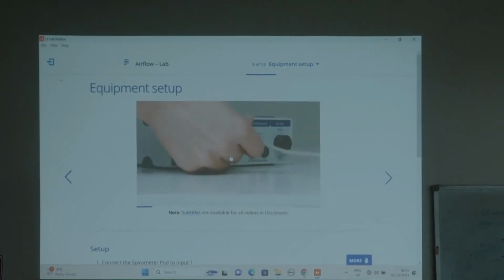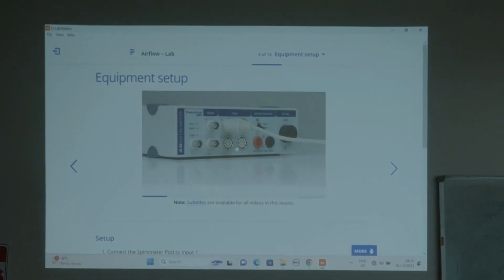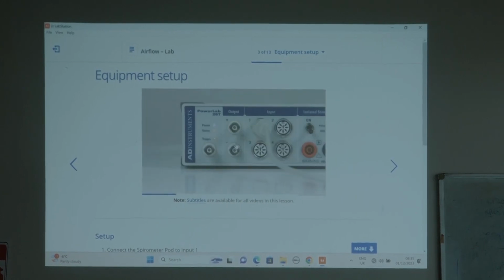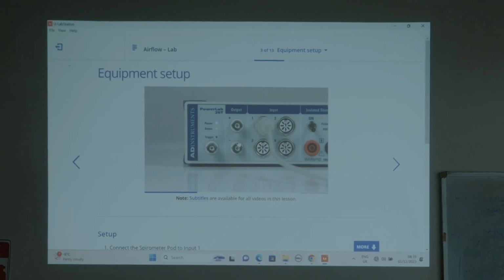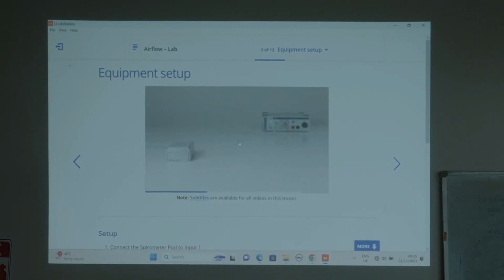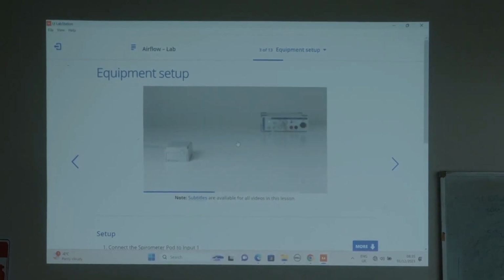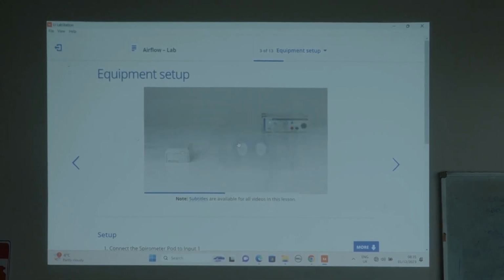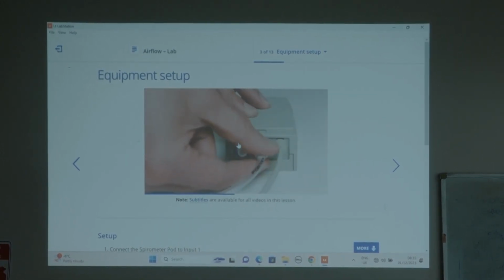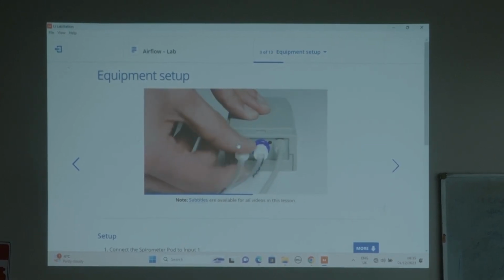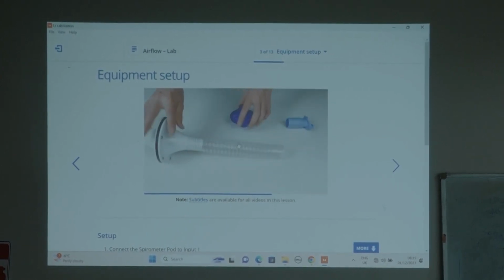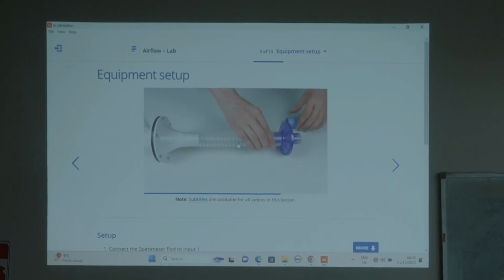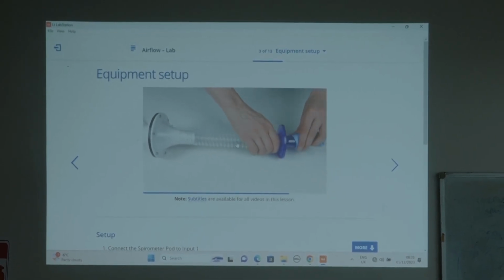So that is a PowerLab unit, and we have a spirometer pod here, which is a signal conditioner, and that's what is connected to the PowerLab unit. The spirometer pod is then connected to a flow head, and you will see that in a moment, with connecting tubes, and then the tubing, and then the respiratory filter, and then the mouthpiece.